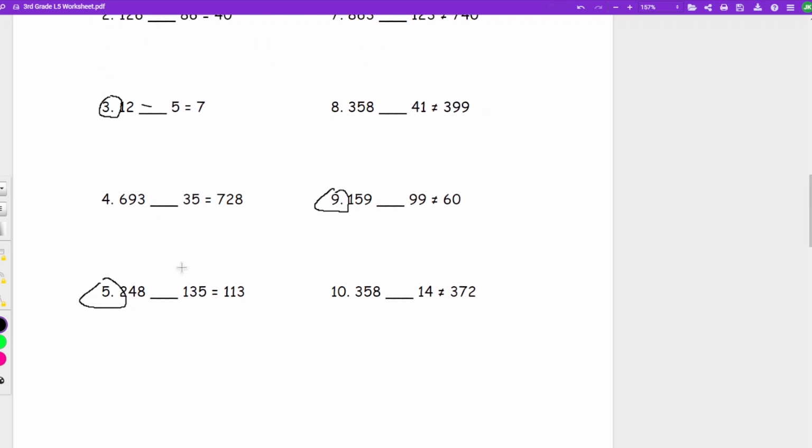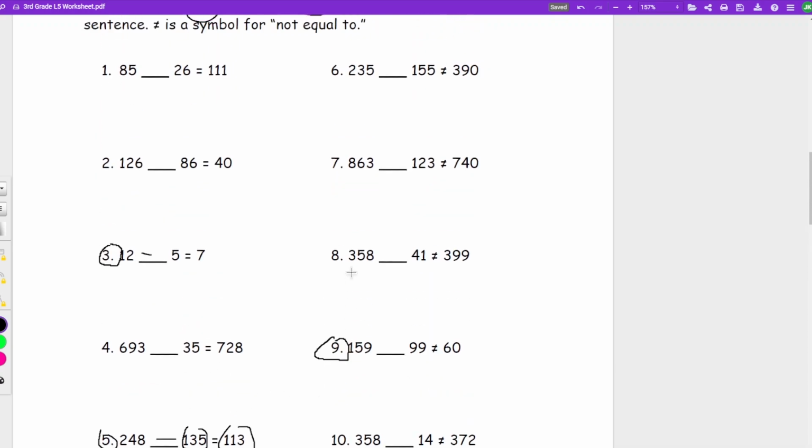Let me erase this. 248 something 135 equals 113. Well, it's obviously going to be minus because this number is smaller than this number. You see how the product is smaller than this number? That means that we're going to be subtracting.